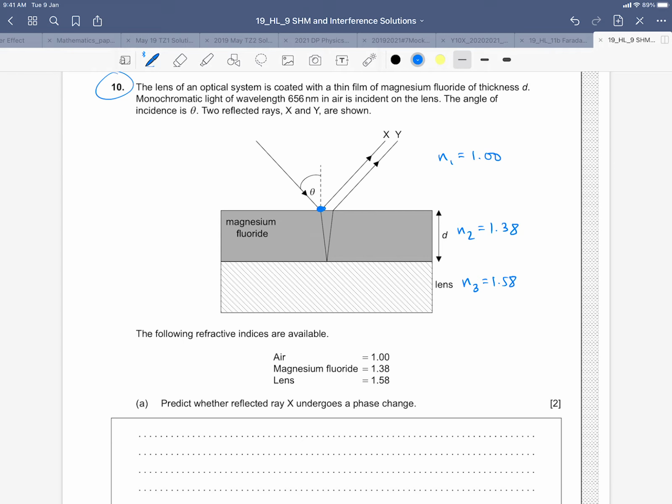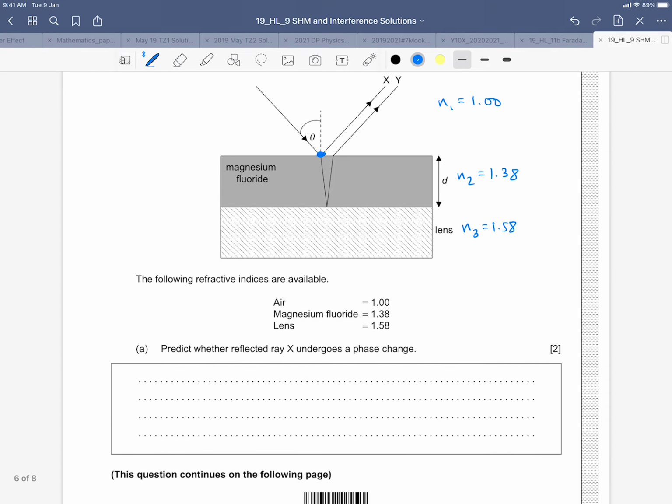So the light ray X is bouncing off a layer with a higher refractive index, so it is going to undergo a pi phase change. That is when we get the pi phase change, when light reflects off a material with a higher refractive index.